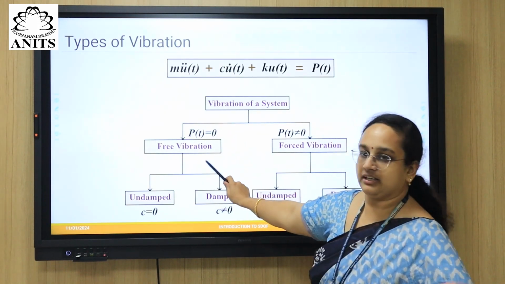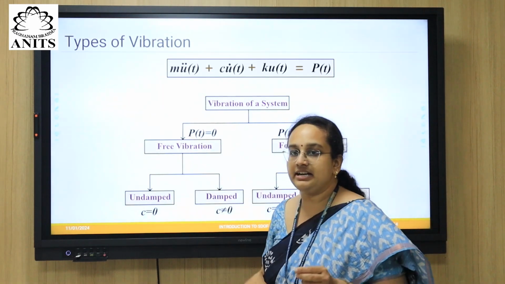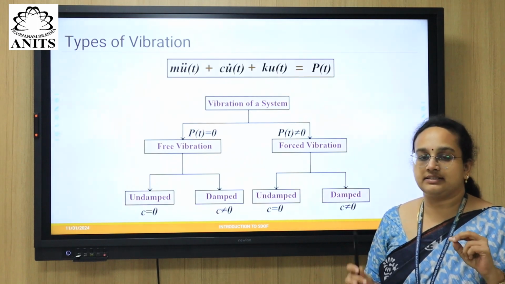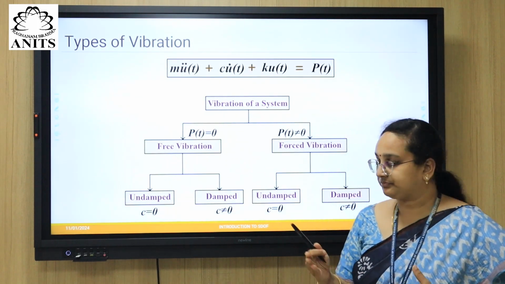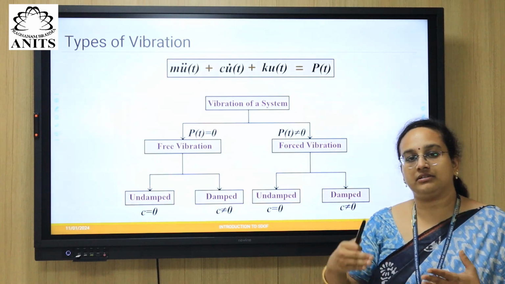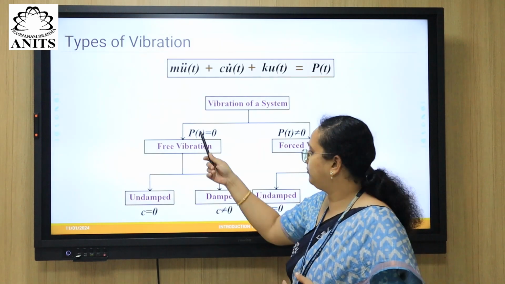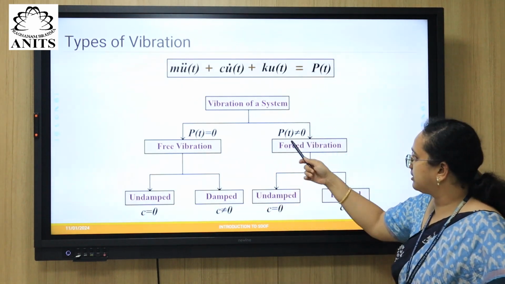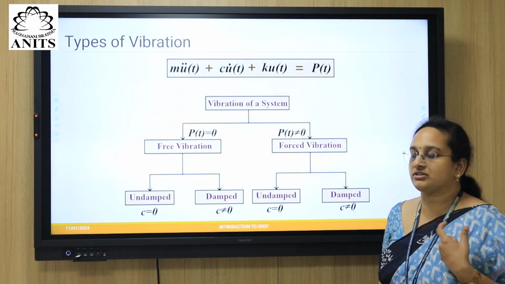Actually, this is hypothetical, but we need to understand in detail how the system parameters are getting affected with respect to the lateral deformations. U is there. Now what happens if P is 0? And then forced vibration, where P of T is not equal to 0. There is some force that is developed.